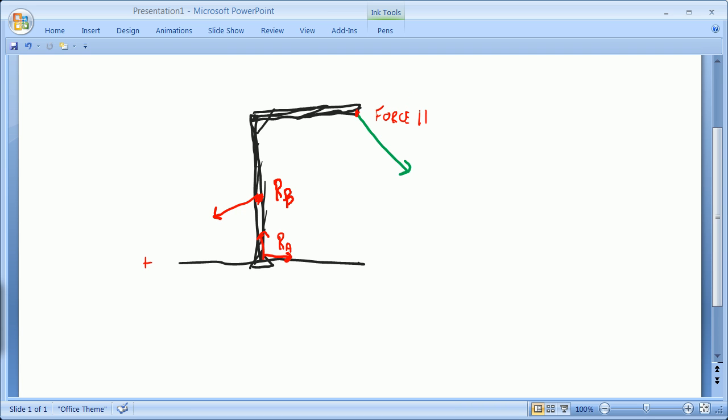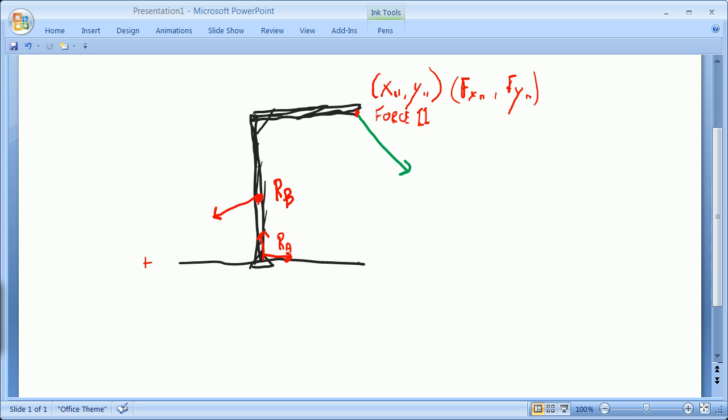And the known direction you'll see is what we're talking about here now. All right, so force 11, we're going to call this at x sub 11, y sub 11. And it has a magnitude of force, so it has a force of f of x at 11 and f of y of 11.